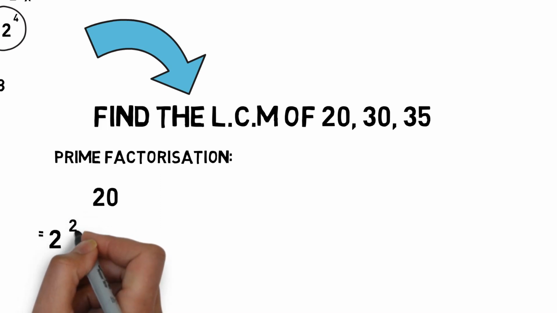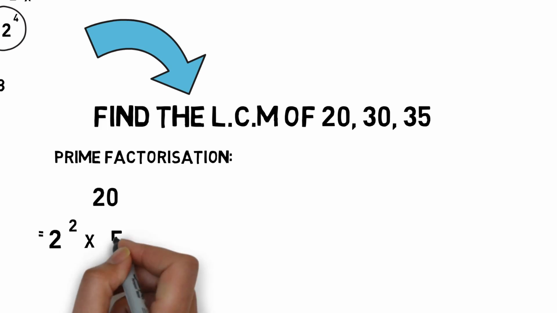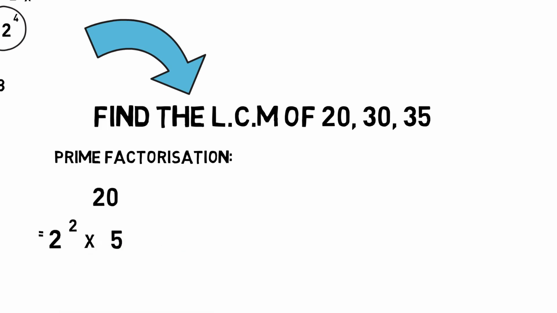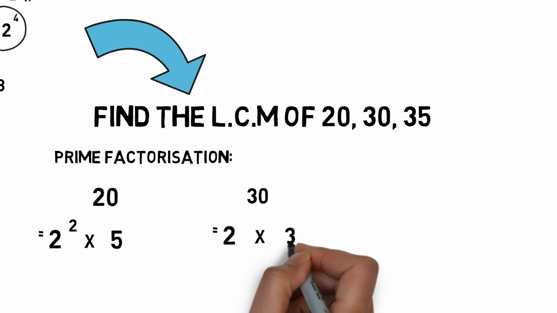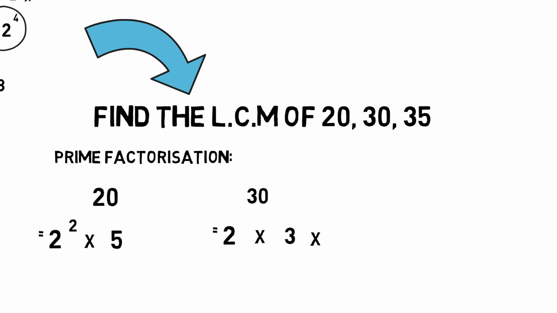For 20, the prime factors are 2 to the power of 2 times 5 to the power of 1, just leave it away. Prime factorization for 30: 2 to the power of 1, just leave it away, times 3 times 5. 2 times 3 is 6, 5 times 6, 30. Excellent, correct. And prime factorization for 35 is just 5 times 7.